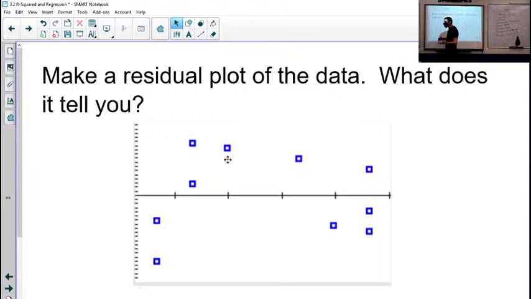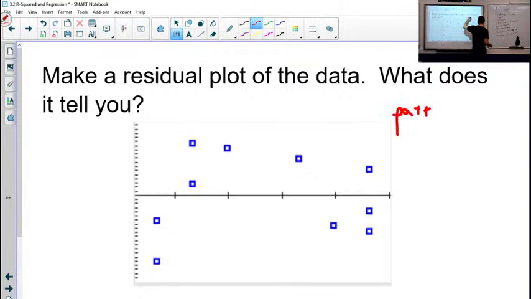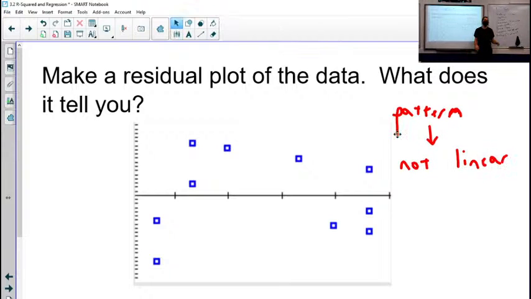If there is some pattern in the residual plot, that's going to tell me the association is not linear. So it is something else we can look at to investigate whether we have a linear association or not, in addition to looking at r and r squared.